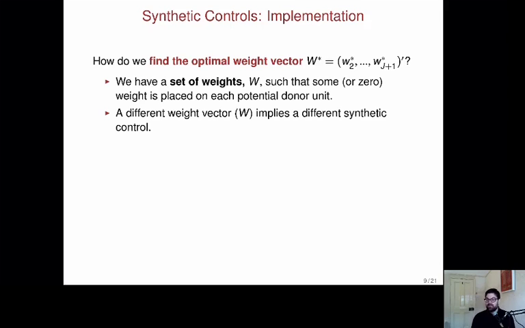One important thing to note is that if you have a different weight vector for the units in your donor pool, you would also get a different synthetic control. So it also depends on what units you include in your donor pool in the first place. They will determine the weights that the algorithm chooses, and they will also determine what the counterfactual outcome would be in the end.